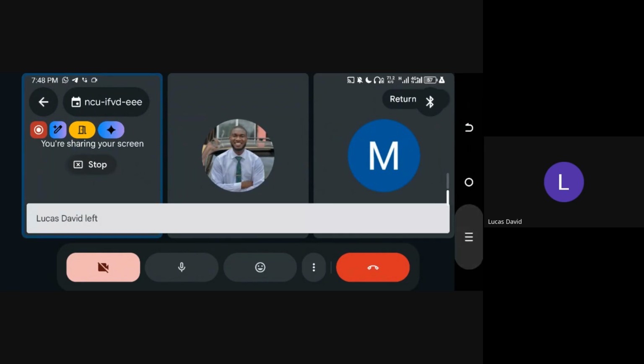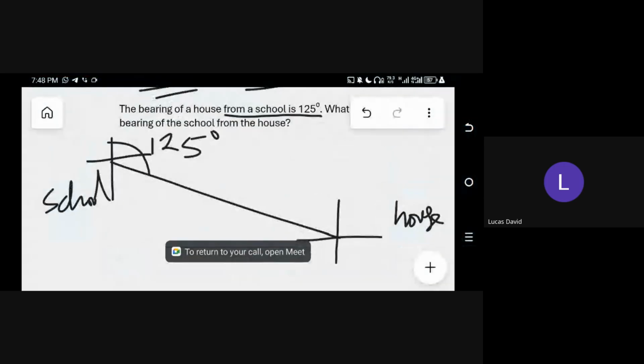Okay, all right. So that being said, the next thing we'll have to do is identify the bearing of the school from the house. But in order to do that, you might want to get your alternate angle first.